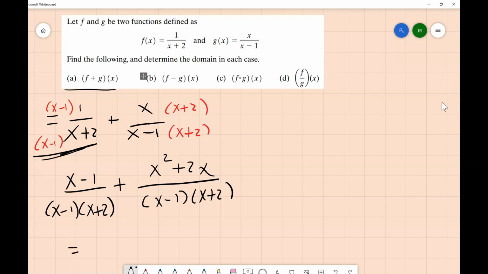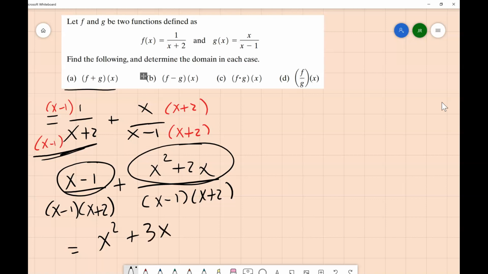So when I combine the two tops together, it's going to be x squared, but then that x adds with that 2x to get plus 3x, and then minus 1, over x minus 1, x plus 2. So I have now found f plus g of x in its simplest form.